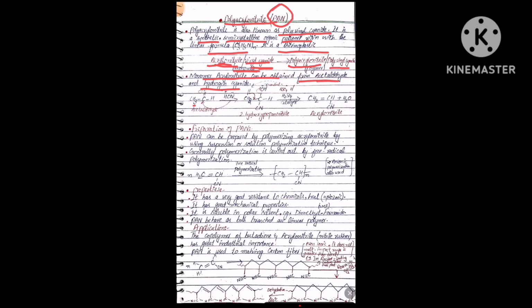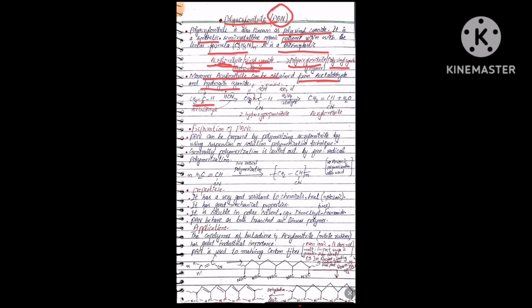Here is the acetaldehyde, CH3CHO. How can we represent it? Here is the carbonyl carbon, and one side is CH3 and the other side is hydrogen.